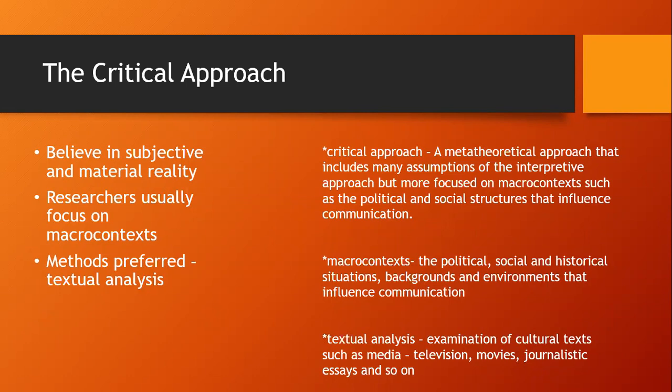The critical approach shares many assumptions of the interpretive approach, but focuses more on macro context, such as the political and social structures that influence communication. So normally when we talk about critical approach research, you want to know how certain people behave, and why they are behaving a certain way like that. So it's a combination of social science and interpretive.